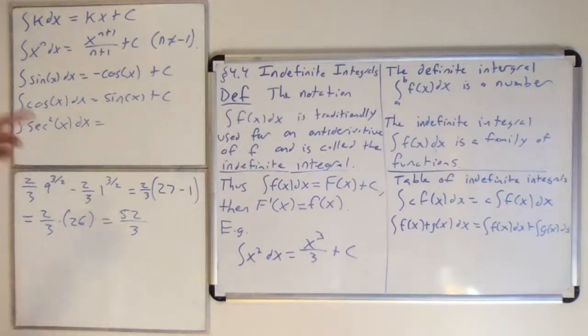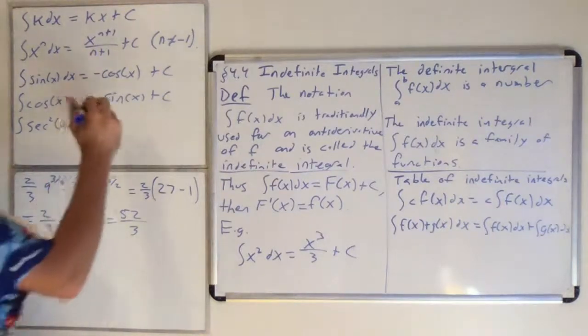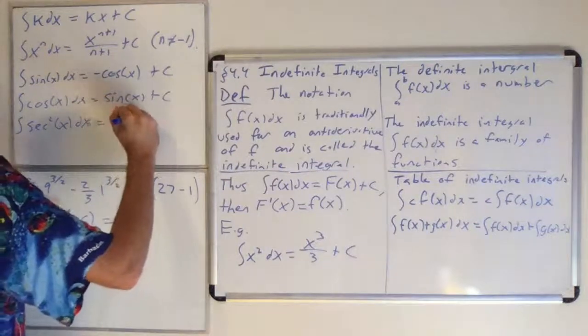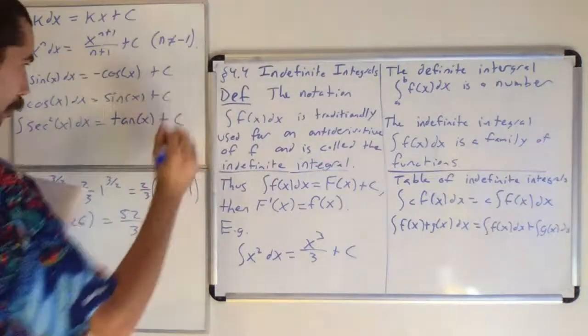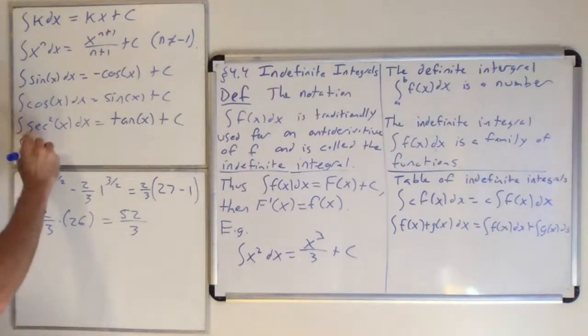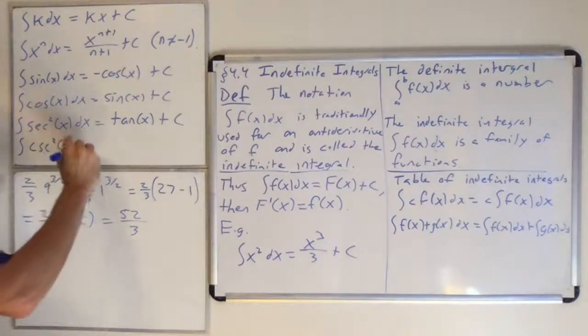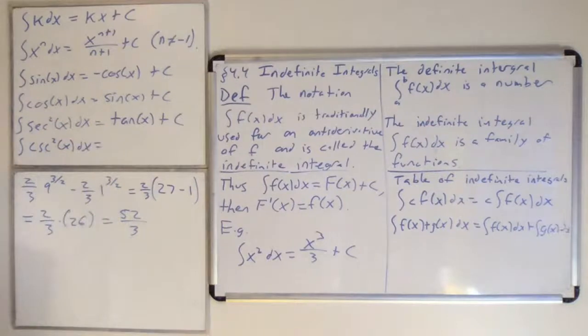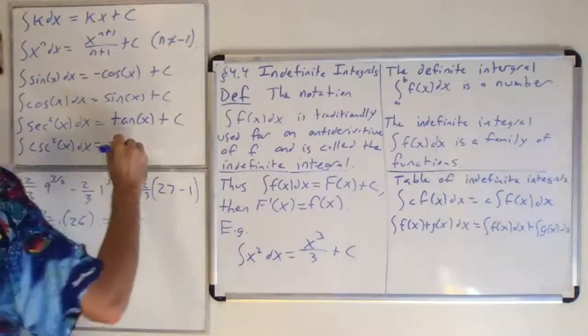The integral of secant squared x dx is tangent. The integral of cosecant squared dx is negative cotangent.